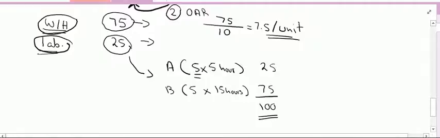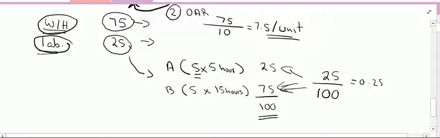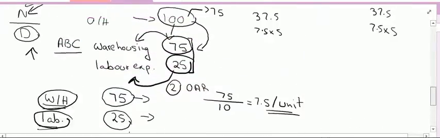So since more labor time was consumed on B as compared to A, we should allocate more cost towards B. So we calculate an OAR for labor's cost, 25 overheads value divided by 100, the total of labor hours consumed during the year, which will give us 0.25, and we allocate these costs accordingly.